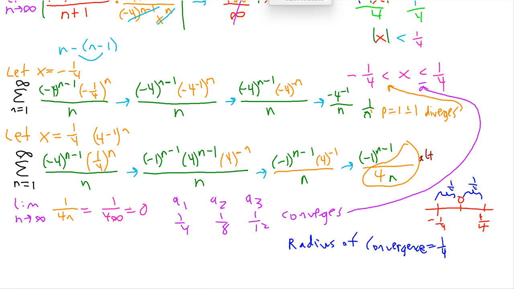And then the interval of convergence we got right here. So it'd be negative 1/4 is less than x, which is less than or equal to positive 1/4. Or again, you could write interval notation.